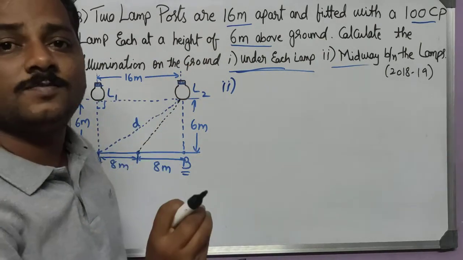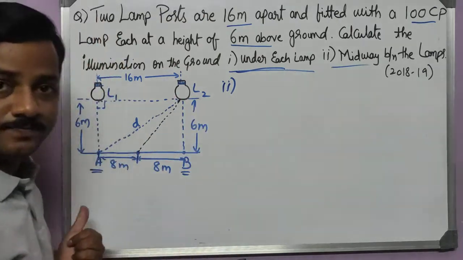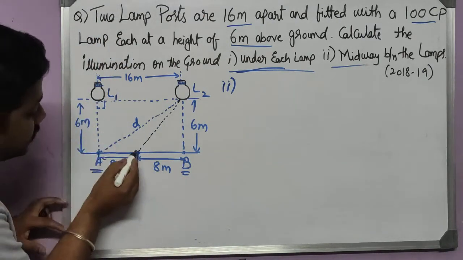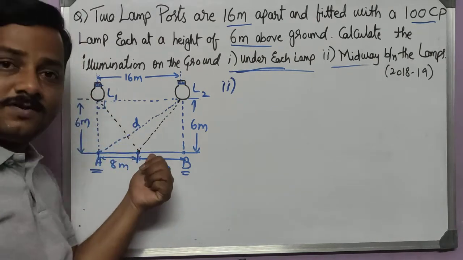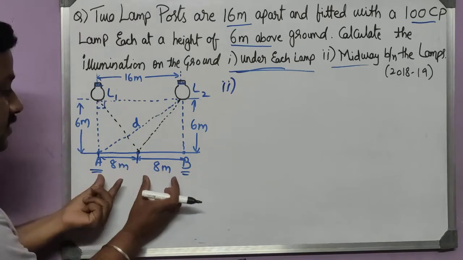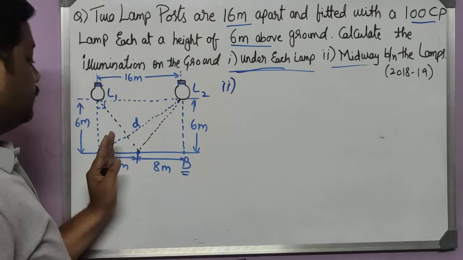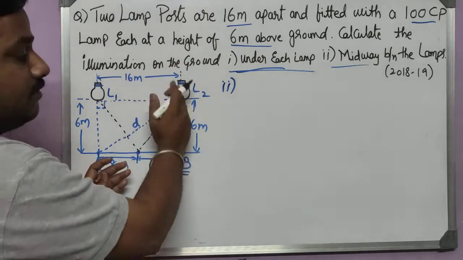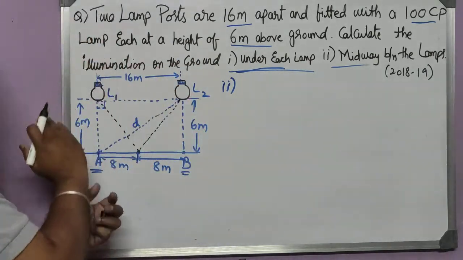So we should use a formula called I by d square into cos theta, because we have an angle. Even from this lamp we get the same condition. We will get a light ray with an angle, and it is exactly split. We are finding exactly at the midway. So whatever the effect we have from this lamp, we have the same effect from this lamp also.